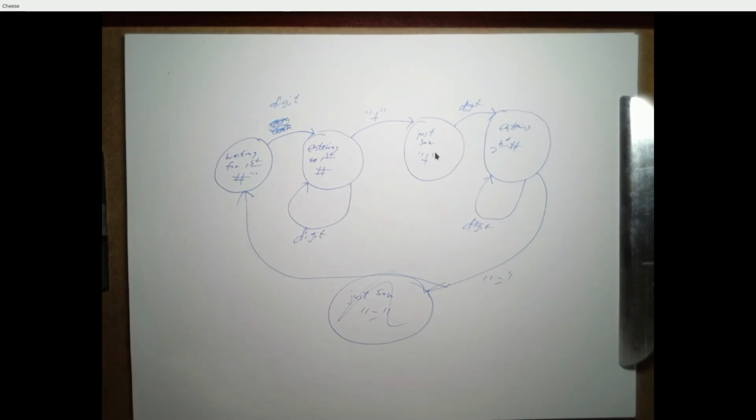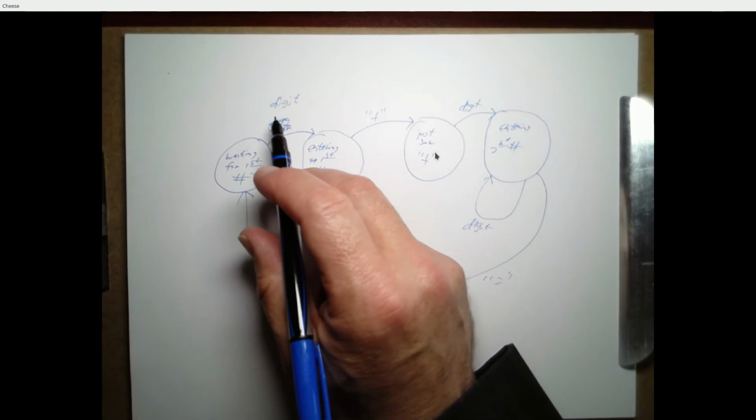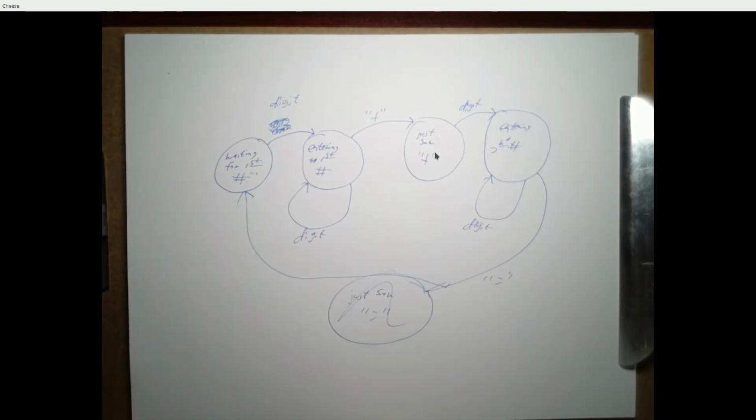But if you're coming from the equals sign, you have to clear the screen instead. So over here, waiting for first number, once you enter something that's not 0, we're going to clear the display and display that first digit.